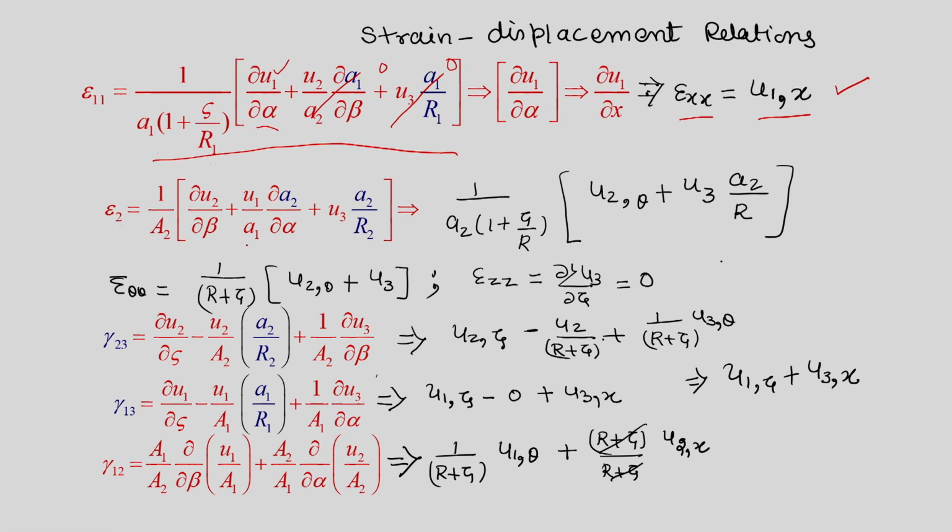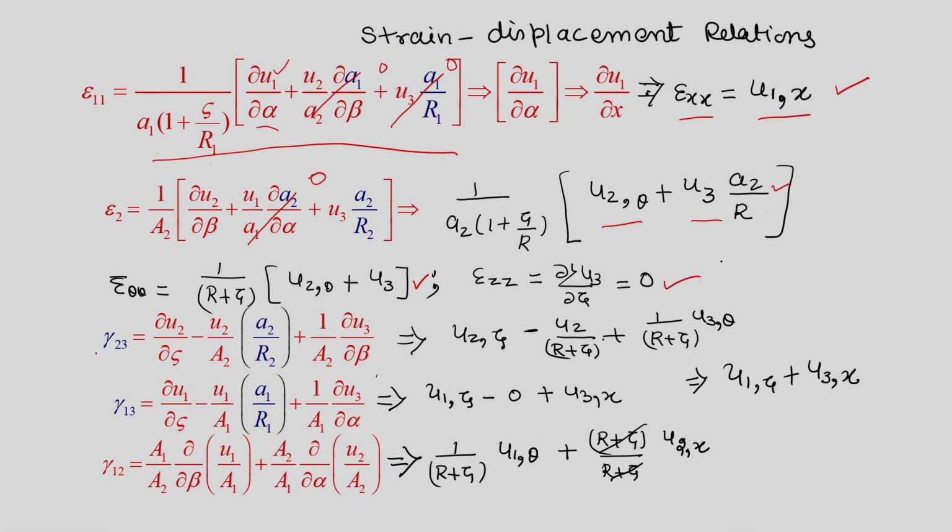Here the A2 by alpha term will not exist, but these two terms will contribute, and A2 is small a2, 1 plus zeta by R, then u2 comma theta plus u3. Where a2 is R, it gets cancelled out, and here it becomes 1 by R plus zeta times u2 comma theta plus u3. Then epsilon zz is u3 by zeta; u3 is not a function of zeta, so it is going to be 0.